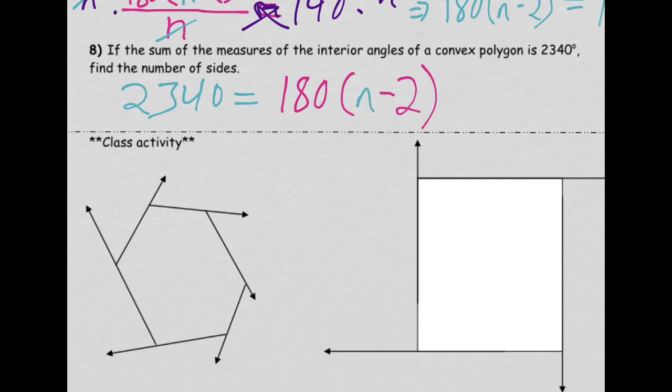However, this time I'm not going to distribute, because that's just too much work. So instead of distributing, all I'm going to do is divide by 180 on both sides. These cancel out, and I don't know what 2,340 divided by 180 is, so I'm just going to ask Siri, what is 2,340 divided by 180?